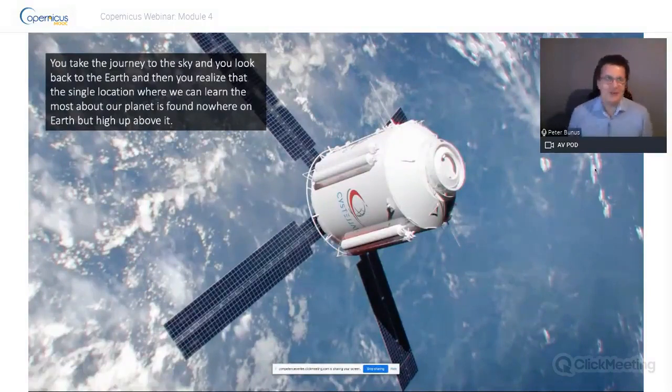And don't forget, when you take the journey to the sky and you look down, bend to the earth, then obviously you realize that the single location where we can learn the most about our planet is found nowhere on the earth, but high above. And so we have a lot of work to do. So when we are looking back to the earth, I hope that this presentation will motivate you to study deeper the AI algorithms in connection with satellite imagery.